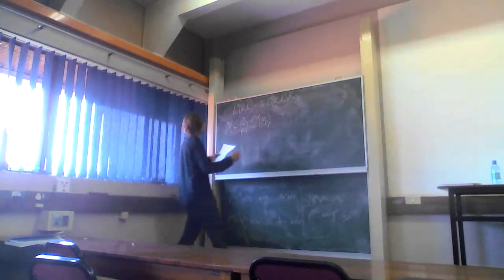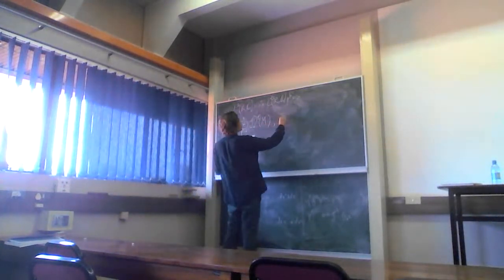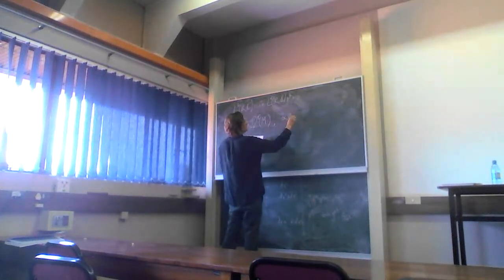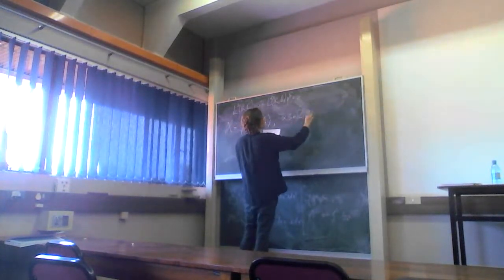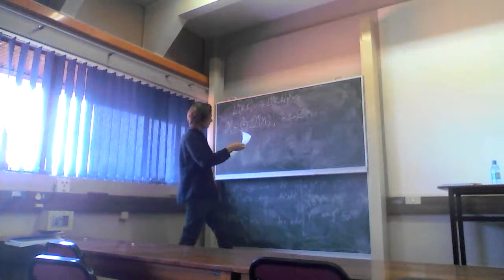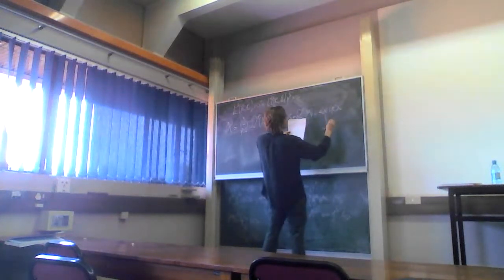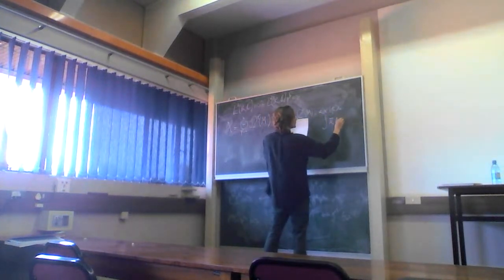A natural inner product for differential forms is that if we have alpha and beta, both being p-forms, then we can define an inner product by taking alpha bar, the complex conjugate, wedge star beta.